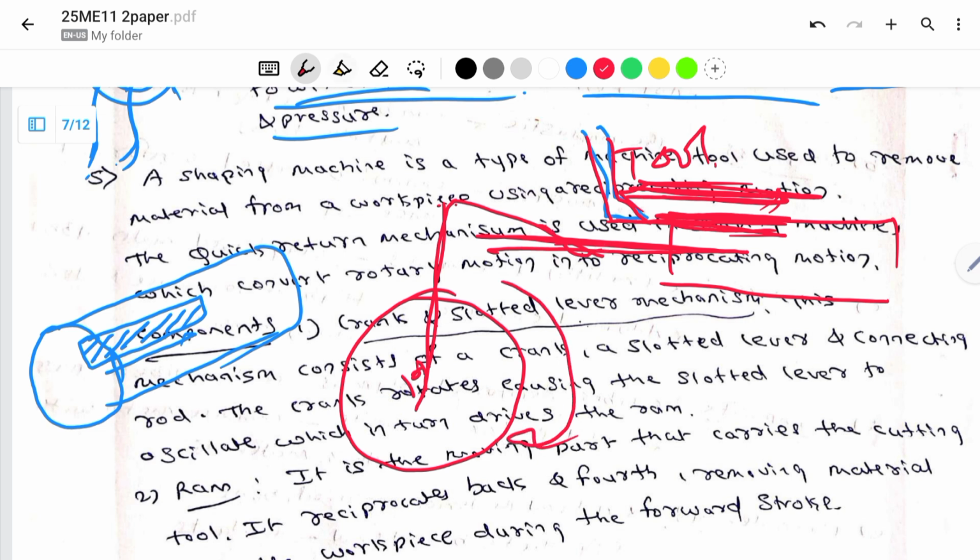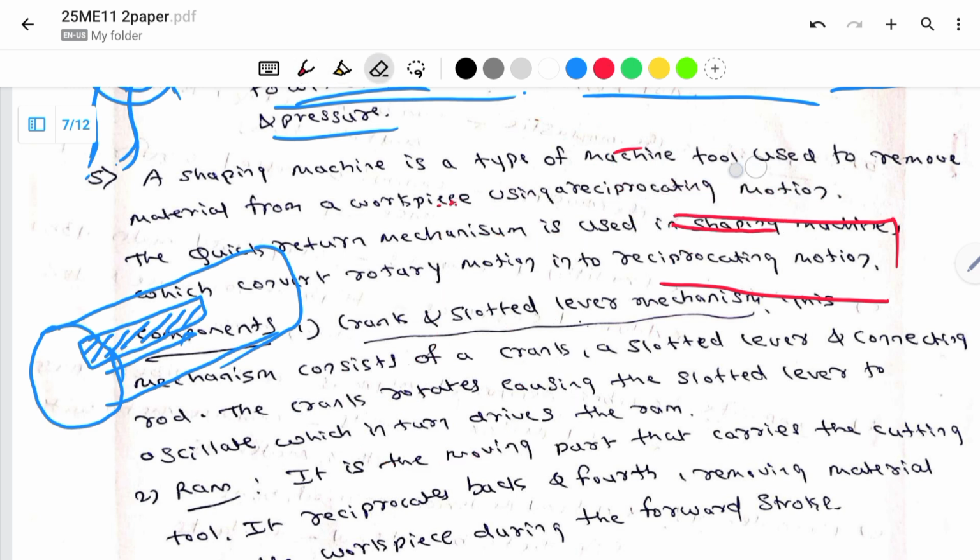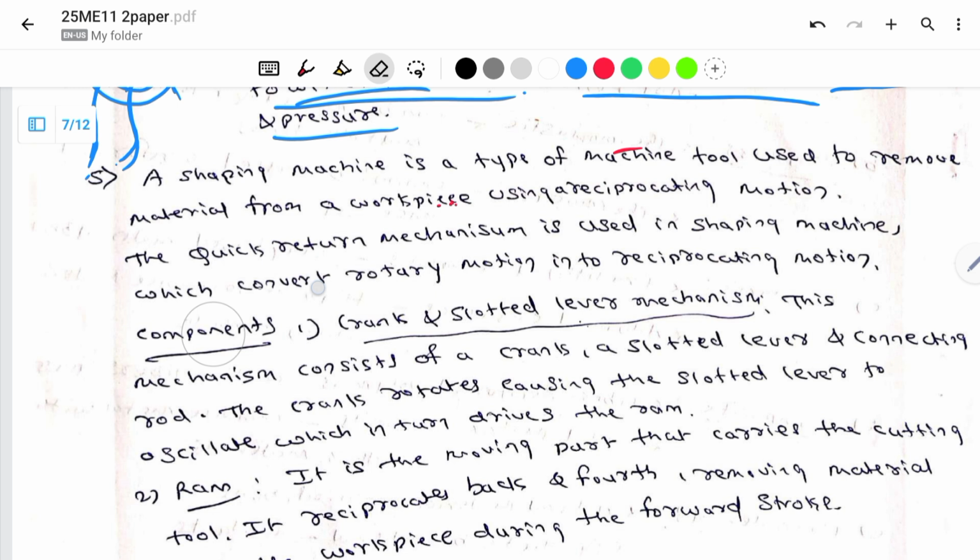So here you should use a kinematic pair. This is one example of a kinematic pair or kinematic link. Here the Whitworth quick return motion mechanism is used. What is meant by quick return motion mechanism? I will explain this term.